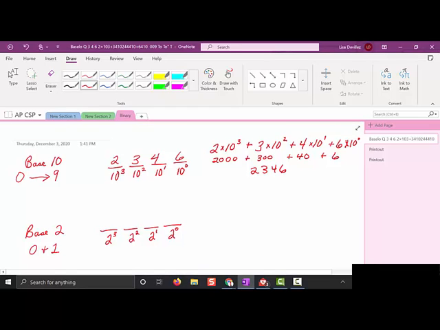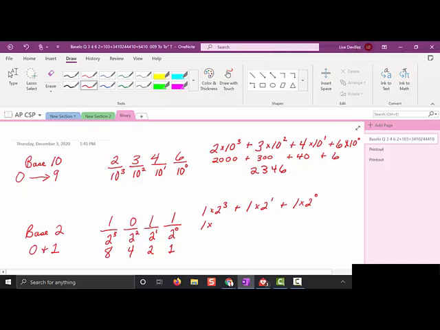For base 2, my digits are only going to be zeros and ones. So if I have 1, 0, 1, 1, for example, I have 1 2 to the third, I don't have any 2 to the seconds, I have 1 2 to the 1, and I have 1 2 to the 0. 2 to the 0 is 1, 2 to the 1 is 2, 2 to the second is 4, 2 to the third is 8.